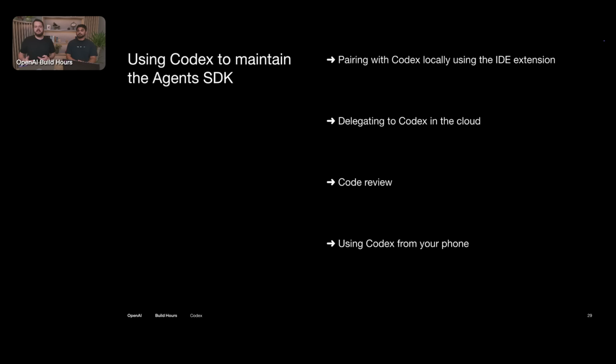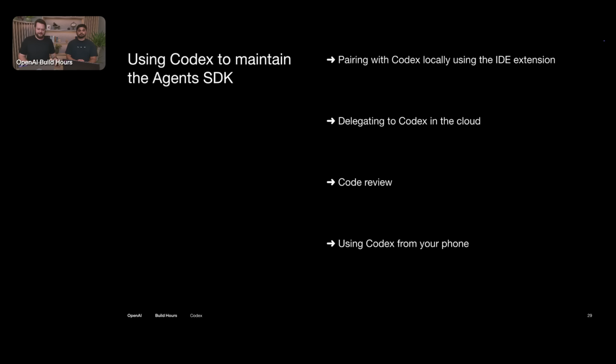And because the Agents SDK is open source, you should be able to actually see some of these things in action, including some of the pull requests we're going to create as part of this session. So we're going to show you how you can use Codex to pair with it locally using the new IDE extension. You can delegate tasks to Codex in the cloud, as Pranav said, how code review comes into play, and then also when you might want to use Codex on your phone.